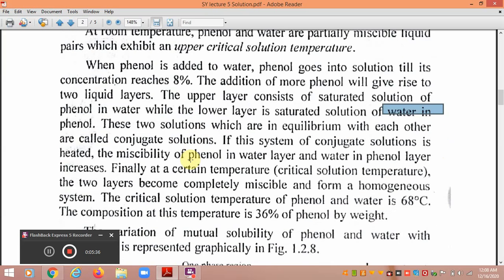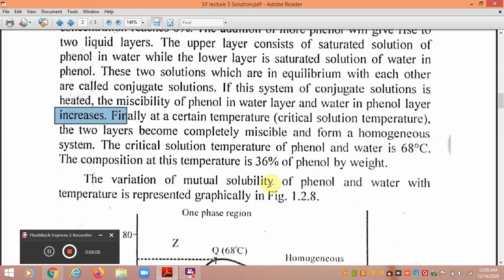This is the important case. Here we get two conjugate solutions, and if this system is heated again, the miscibility of phenol in the water layer and of water in the phenol layer increases with the increase in temperature. Finally, at a certain temperature these two conjugate solutions become completely miscible with one another, and the heterogeneous solution becomes a homogeneous solution.